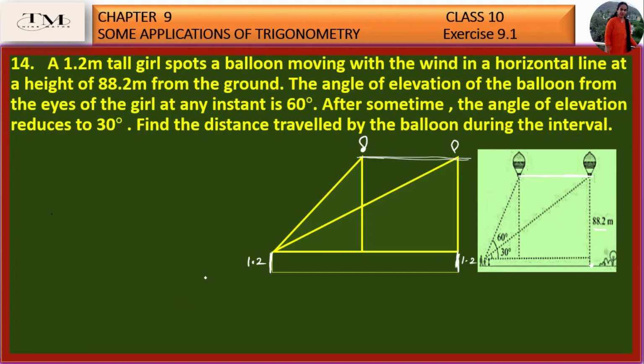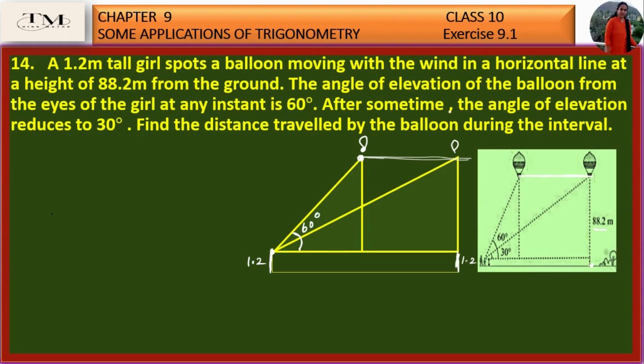Both are 1.2 meter. Now it is about the angle of elevation. The angle of elevation of the balloon from the eyes, so it will be on top of the girl. From the top of the girl to the balloon, the angle of elevation at any instant is 60 degree. So this angle is 60 degree.